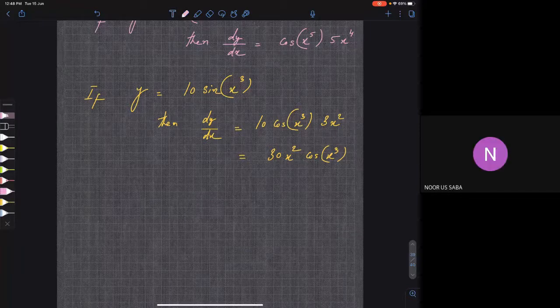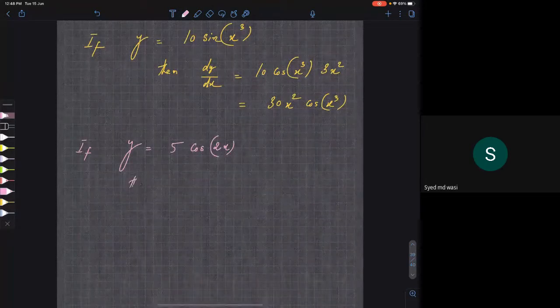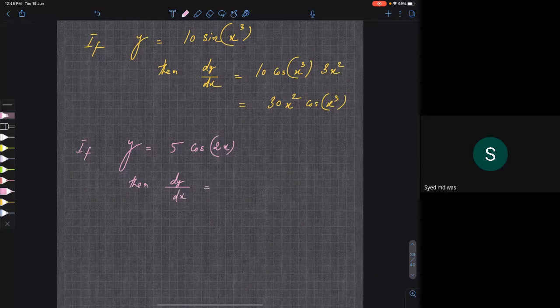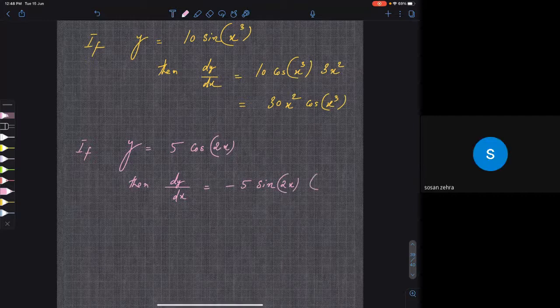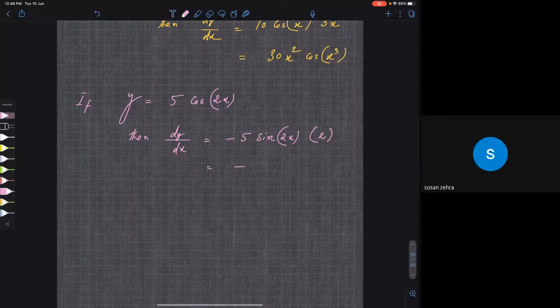If y equals 5 cos of 2x, then dy by dx equals minus 5 sine of 2x into 2, so it simplifies to minus 10 sine of 2x.